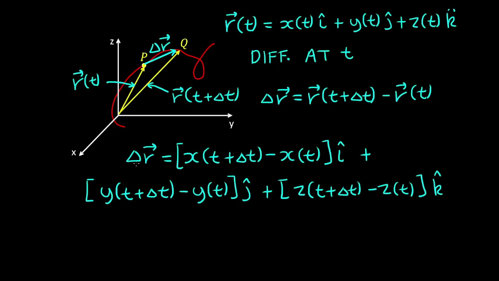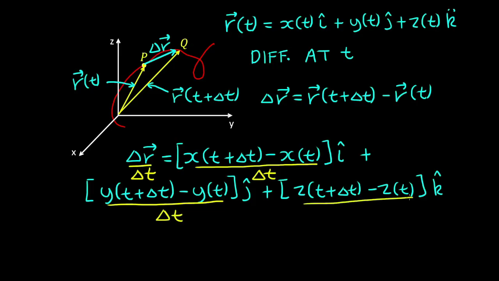And now if we divide the equation by delta t, so we have all these terms on delta t and the z terms, and we take the limit on both sides as delta t goes to 0.